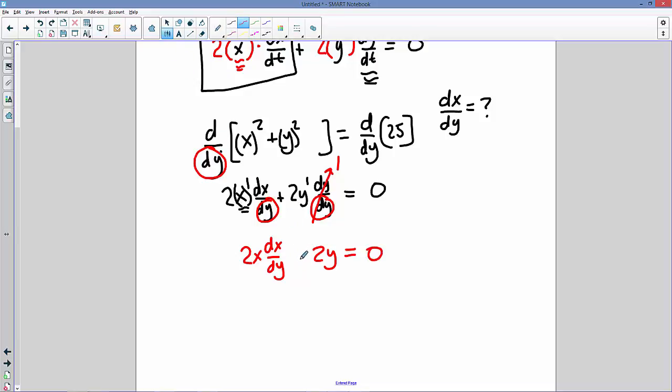And I can subtract 2y from both sides, so I'm going to get a minus 2y over here, and then I'm going to divide by 2x, right, over 2x. And so dx dy equals, we're going to reduce this, negative y over x. Obviously, that's just the reciprocal of what we did on the previous page. I don't think it's on this page.